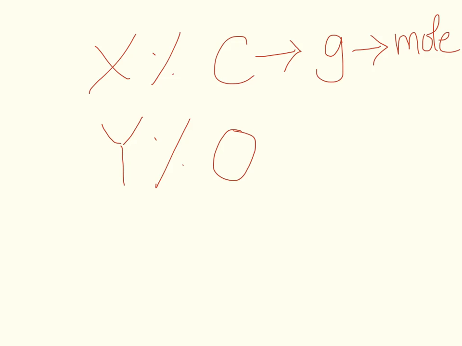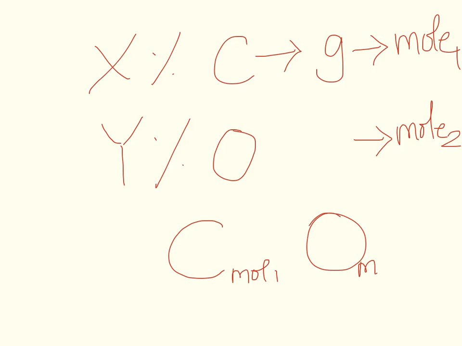Okay, so I'm going to call this mole 1 and here we got mole 2, right? So then you write the pseudo formula as C mole 1 and O mole 2, right?